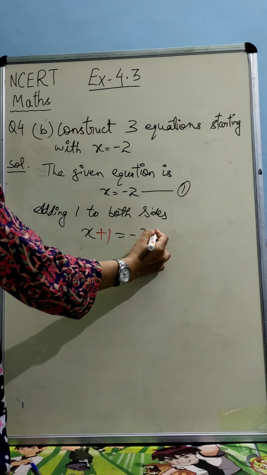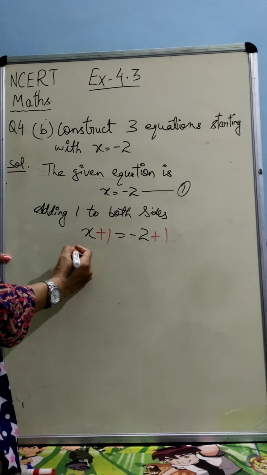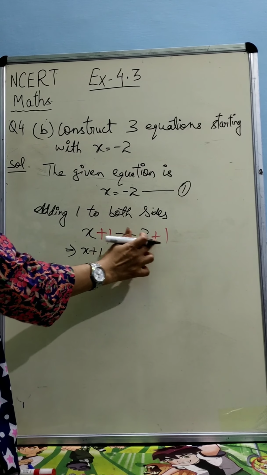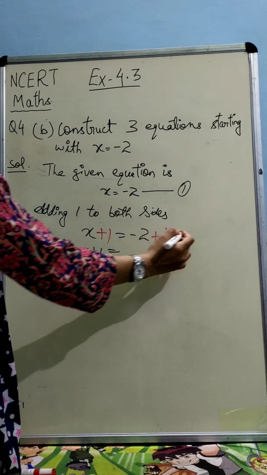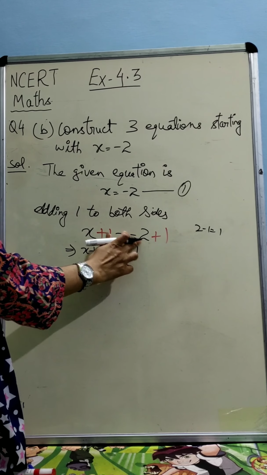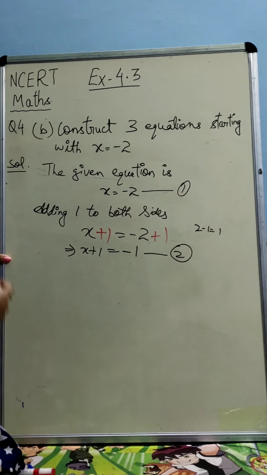Plus 1 here and plus 1 in the RHS also. What we will get? X plus 1 is equal to minus 2 plus 1. Minus plus is minus and 2 minus 1 is 1. But greater number is 2, so we will write minus 1. This is one equation.